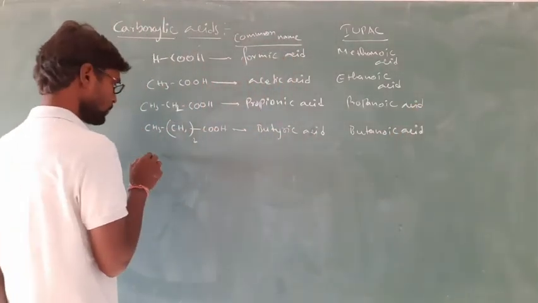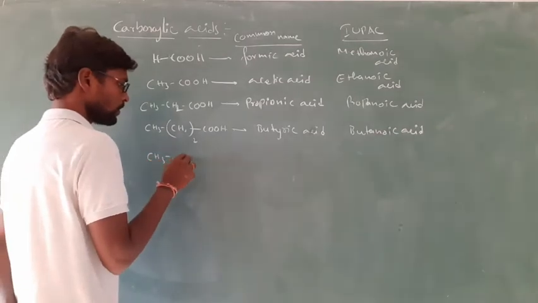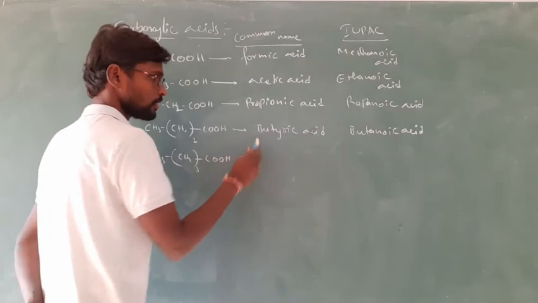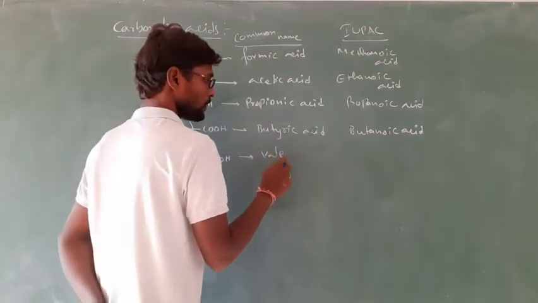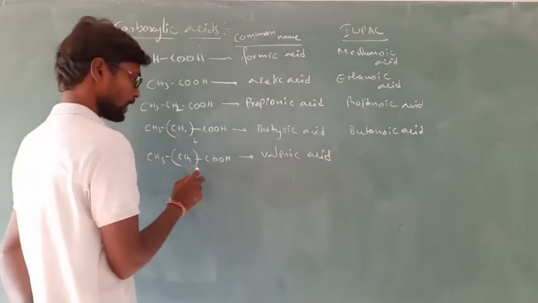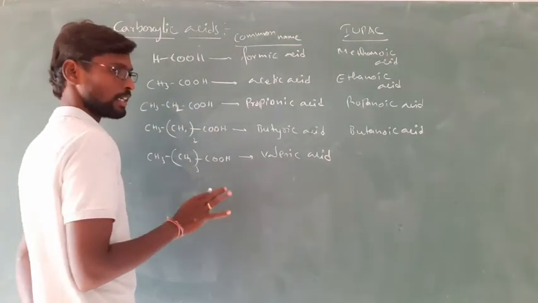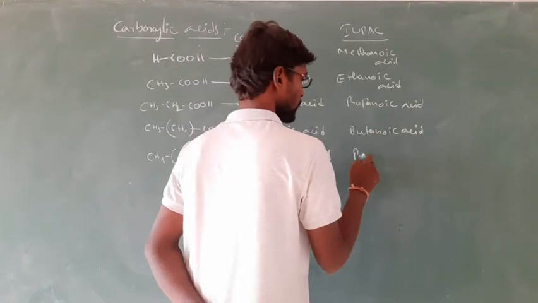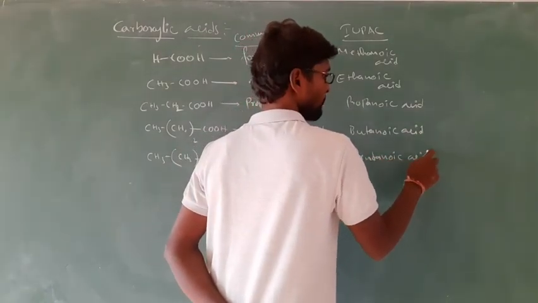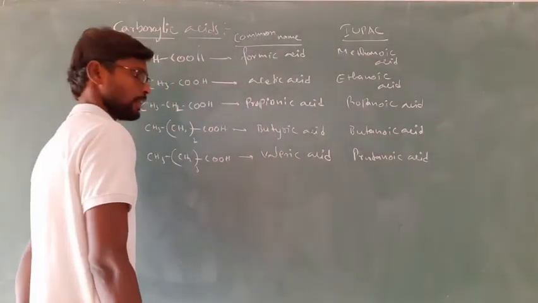And the next one, CH3, CH2 with 3, COOH. This is called valeric acid. Valeric acid has 5 carbons, 3 plus 1 plus 1, and here it is called pentanoic acid.